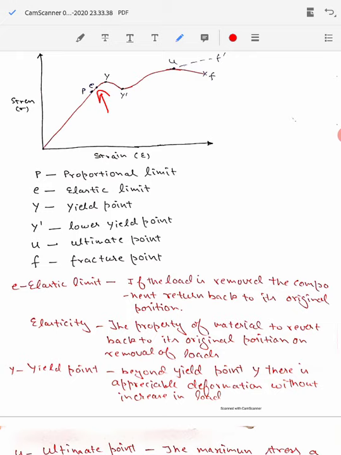Suppose we go beyond the point E, and let's say we are somewhere between point E and Y. There will be a line parallel to the original straight line, and there will be some residual deformation left here. This will be called permanent strain.